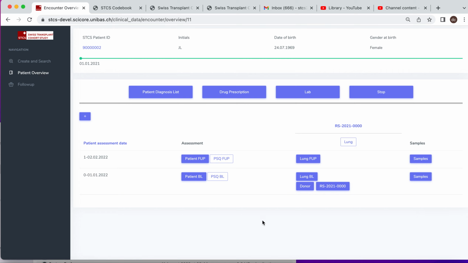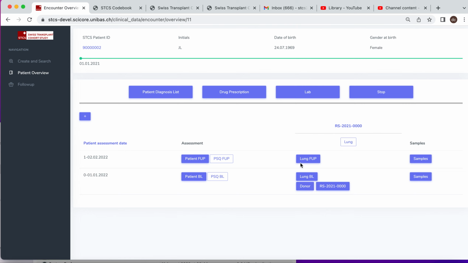and we go to the overview, here we can see that there are data at the so-called baseline. Baseline for the patient is when the patient is enrolled in STCS. Baseline for the transplantation is when the patient is transplanted.